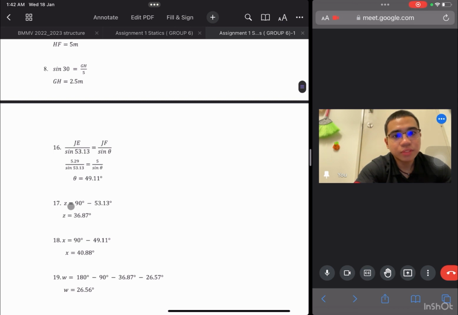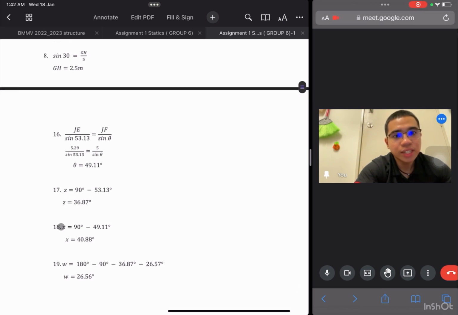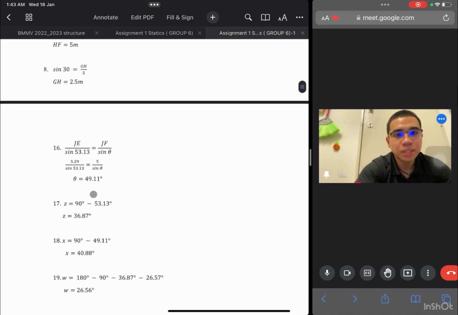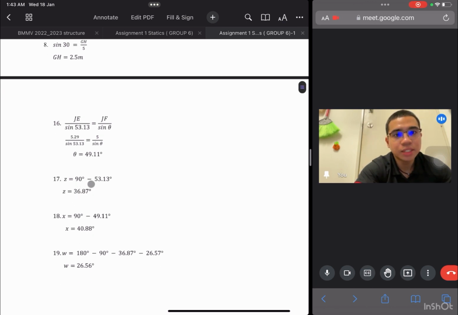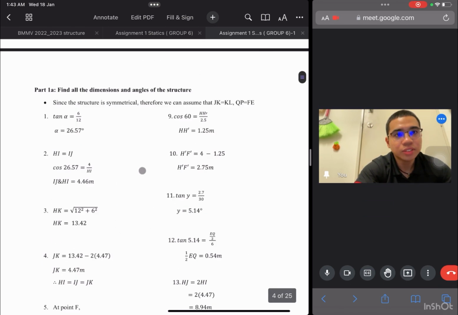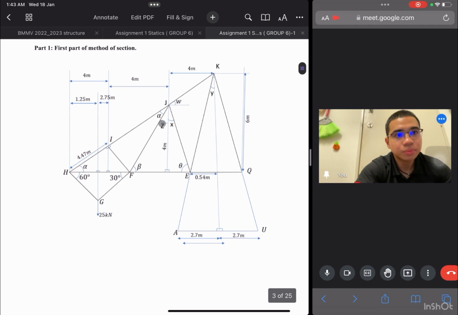Z, for the degree of Z, X, and W. So this is just mathematically 90 minus 53.13 equal to 36.87. So Z is here.